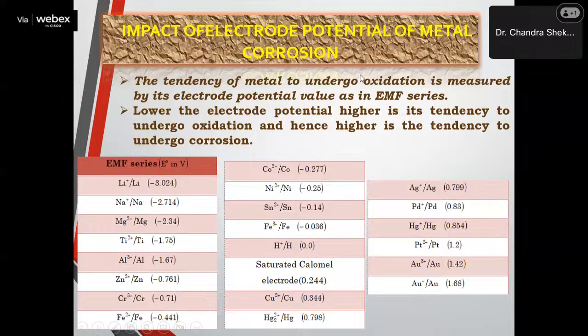And that standard reference is the standard hydrogen electrode. In electrochemistry, we take the potential of hydrogen electrode as 0. And we express the potential of all other electrodes with respect to this standard hydrogen electrode.